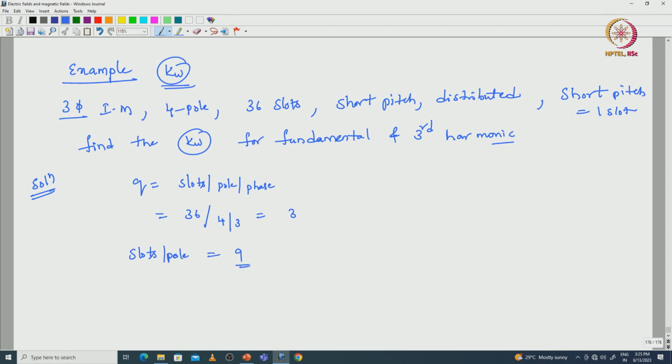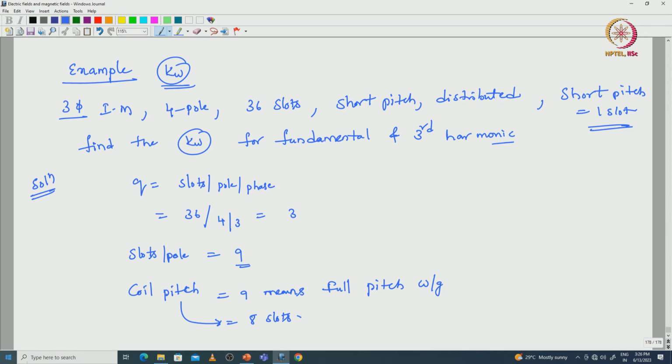Okay. Coil pitch equal to 9 means full pitch winding, right. Here one slot short pitch is given in the problem statement, that means coil pitch is equal to 8 slots.